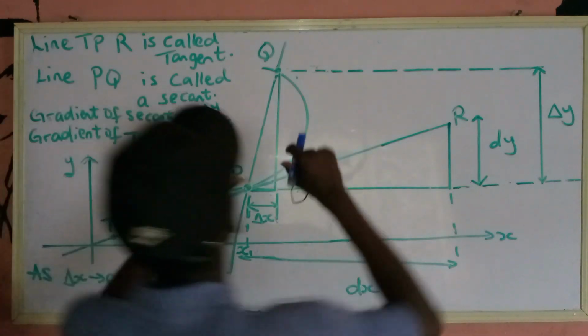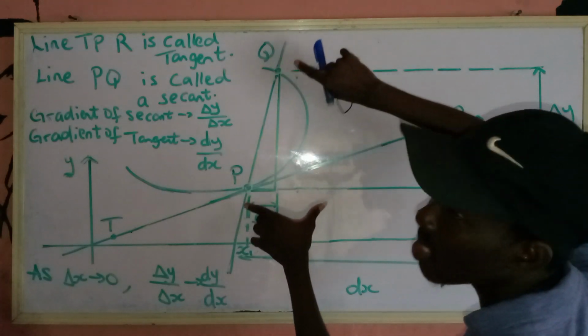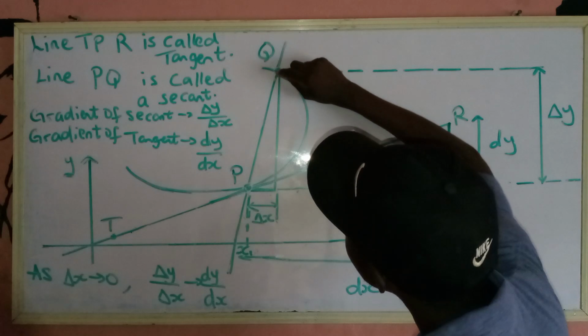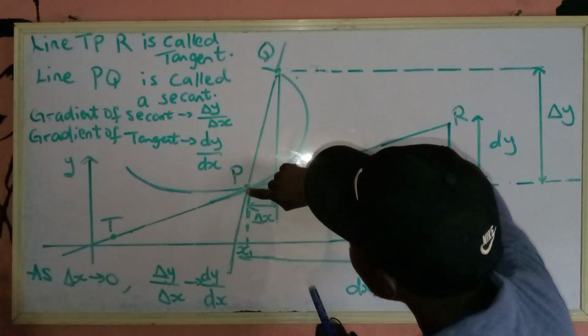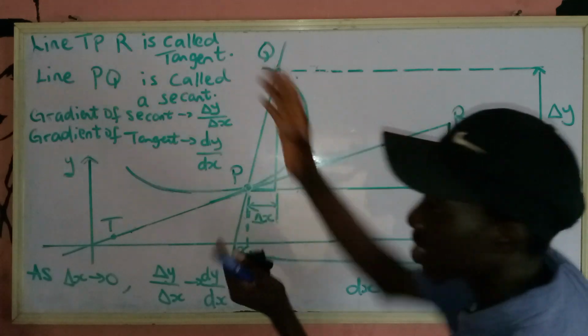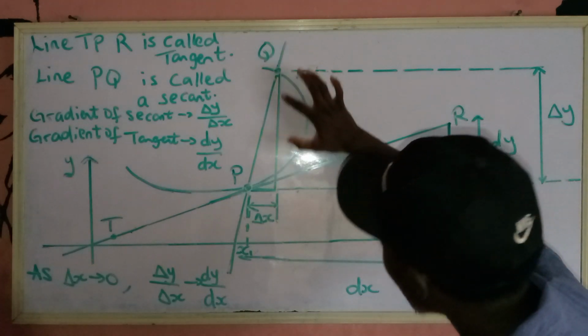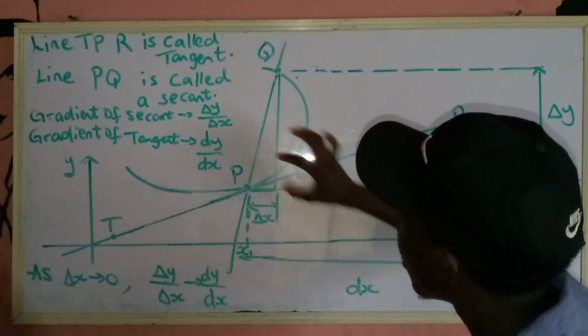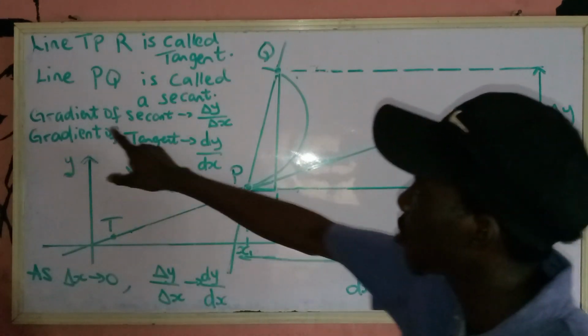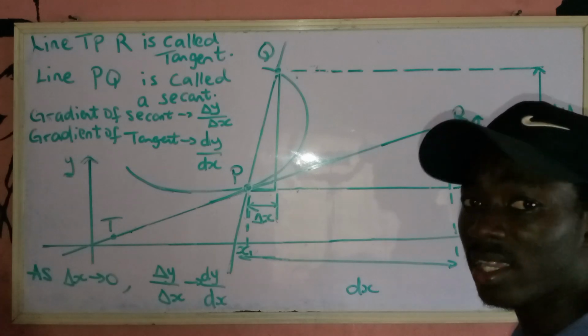Now, checking out the secant. The secant also forms another triangle, and the triangle is between this point and this point. You can see it comes like this and it goes like this. So when it meets, it forms a triangle that goes like this. And for this triangle also, you can take the gradient, which is called the gradient of the secant.